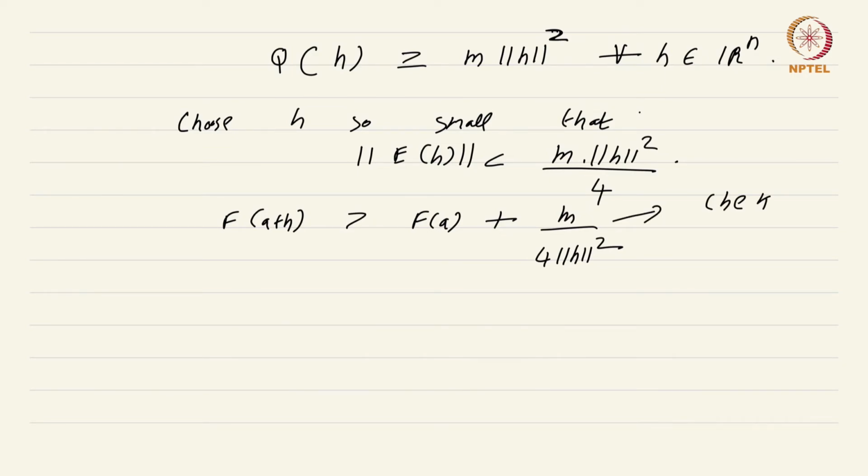Wait a second, I made a slight error here. Somehow the norm h squared came to the denominator. This is m norm h squared by 4. So I want you to check how we got this. It's rather easy. I've just used the fact that this Q of h is going to be at least m norm h squared.